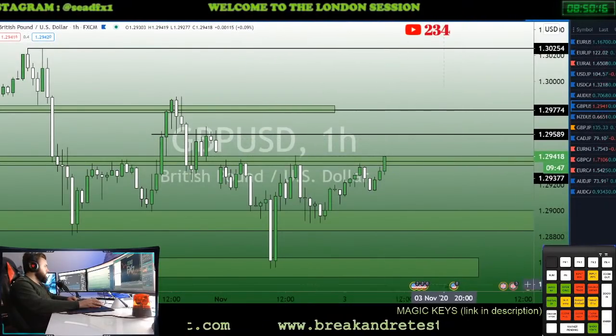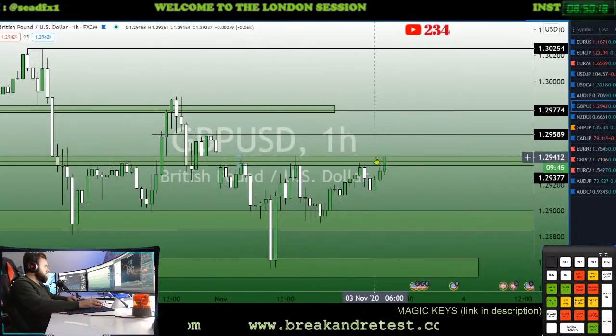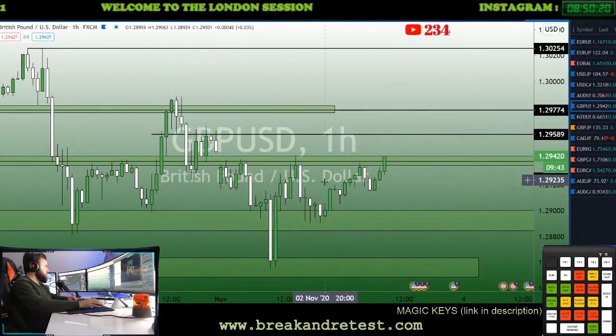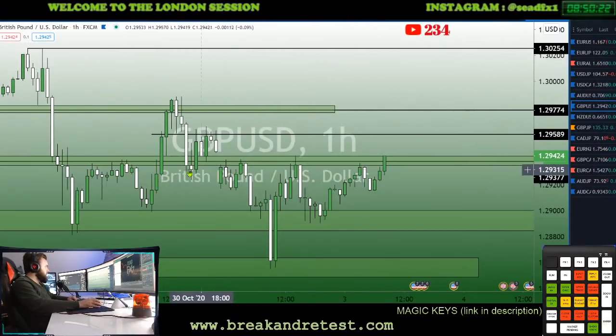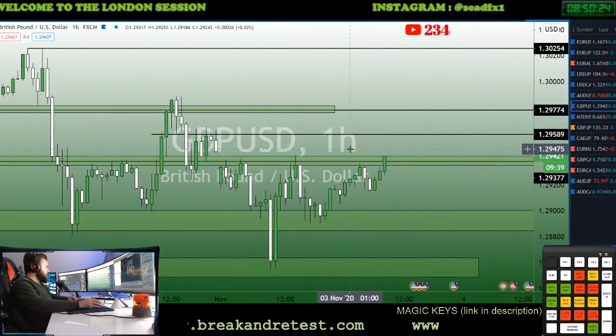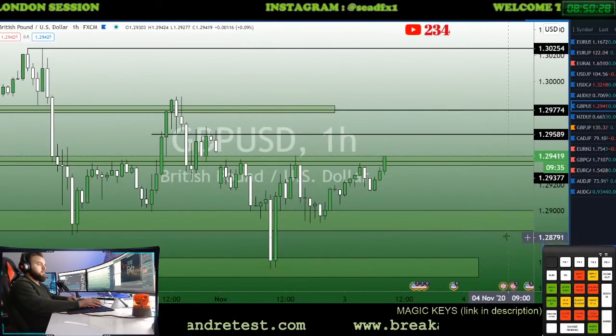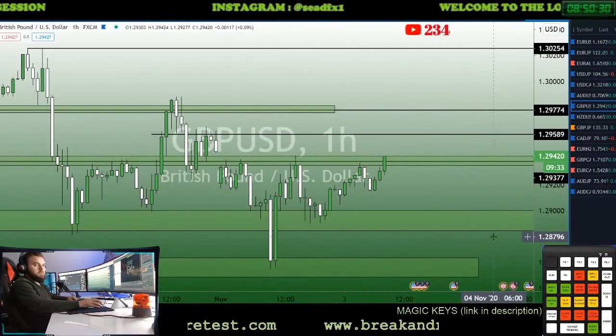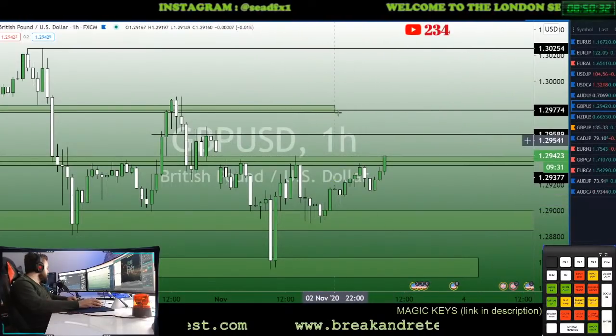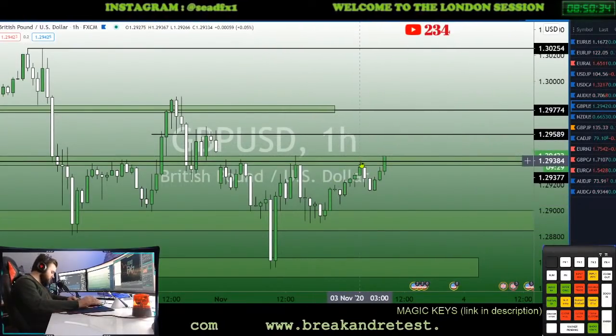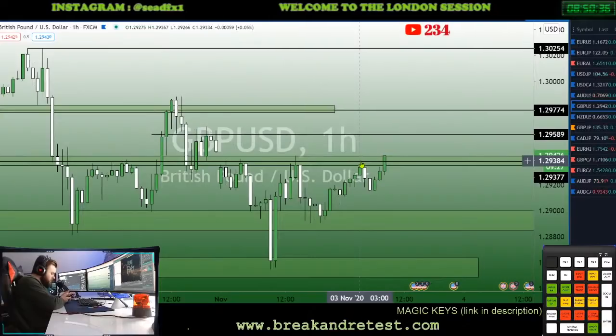I think if it closes like this, we have another 10 minutes. It needs to stay around here in the middle, a retest, and we can continue to the upside pretty easily. It's all about waiting for that candle close. Just a matter of time now.